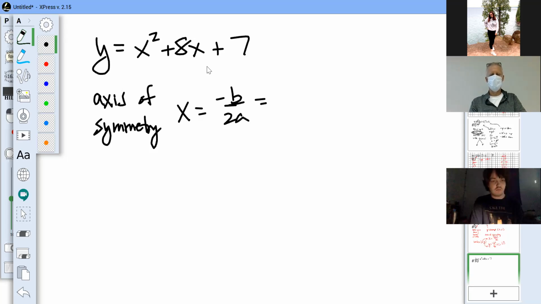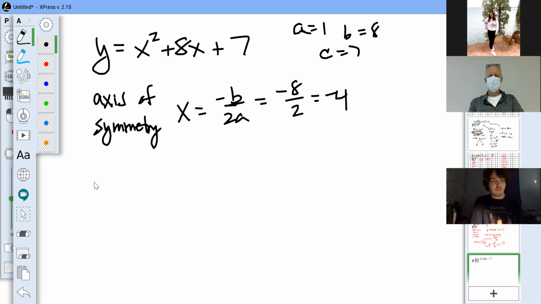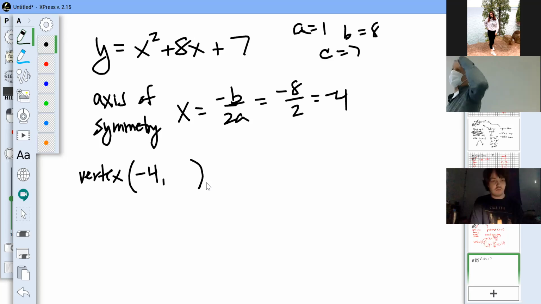My a value is 1, my b value is 8, and my c value is 7. So my axis of symmetry is -8 over 2, or -4. That's also the x value of my vertex. So my vertex is somewhere at -4, something.